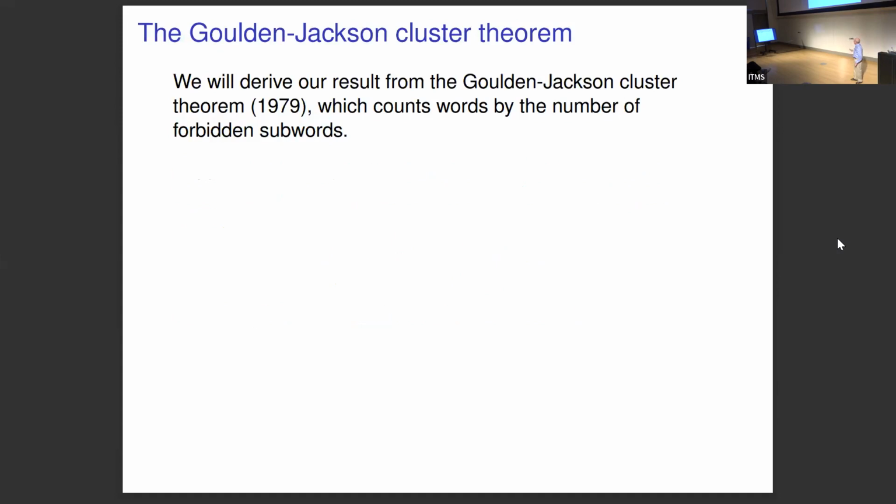Okay. So let me talk about the Goulden-Jackson cluster theorem. And if you get anything out of this talk, even if you don't remember my theorem, this is a theorem that's worth knowing. I think it's one of the fundamental theorems of enumerative combinatorics.